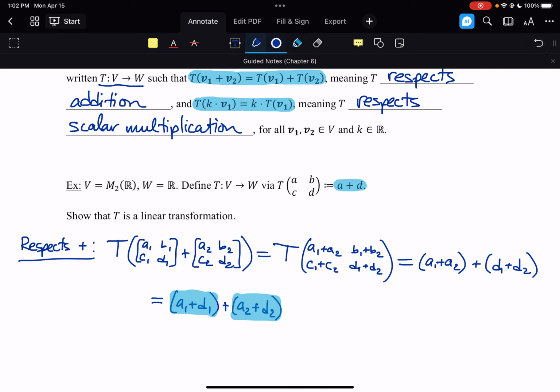So we can go ahead and revert back, undo the transformation step just on these individuals. So A1 plus D1 would be T of A1, B1, C1, D1, plus this is the transformation of A2, B2, C2, D2.